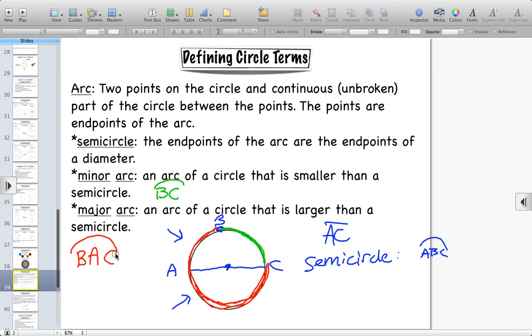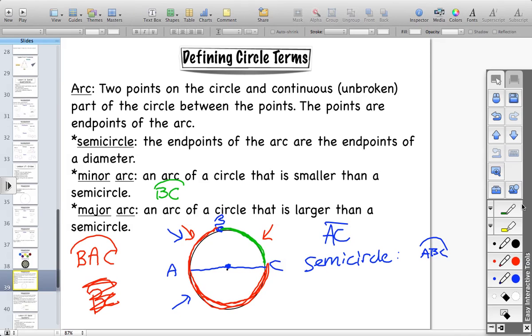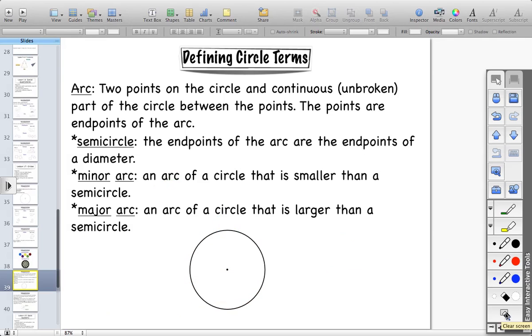So in this picture, that would be point A in the middle. If I said that this was arc BC, I wouldn't know if I meant the major arc or the minor arc. So for semicircles and for major arcs, you have to use 3 points to call it. And for minor arcs, you can use 2 points. All right, so copy down what you need, and when you're ready, move on.